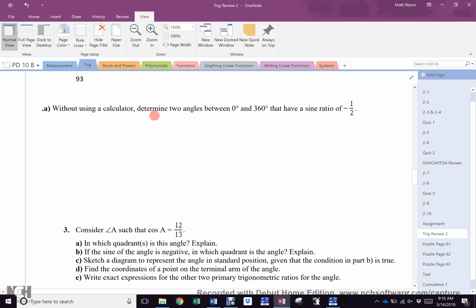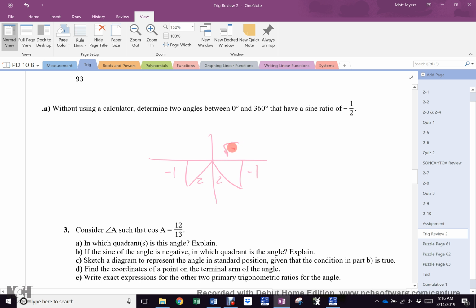Without a calculator, determine 2 angles that have a sine of -1/2. So, sine of negative 1/2 means it is got to be down here. 2, 2, negative 1, negative 1. So all you got to do is, if that's negative 1 and that's 2, you use Pythagoras to find this one, and it is 4 minus 1.